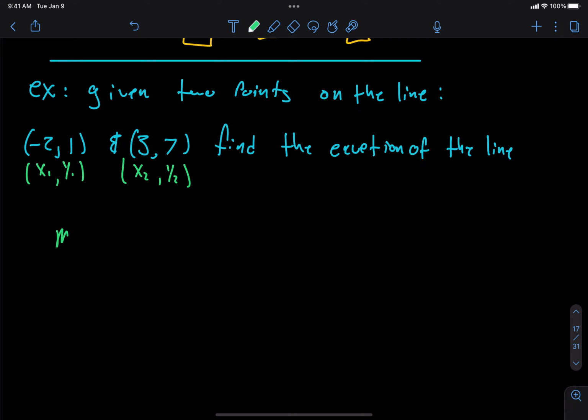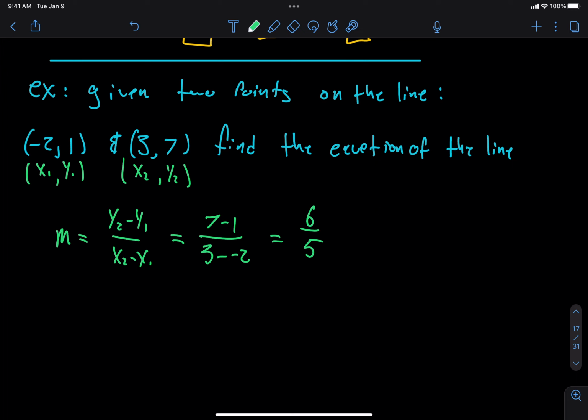And then I can find the slope by taking y2 minus y1 divided by x2 minus x1, which is 7 minus 1 divided by 3 minus negative 2, which is 6 divided by 5. Right, because we subtract negative 2 from 3, so that becomes 5. 7 minus 1 is 6. Okay, so this is our slope.